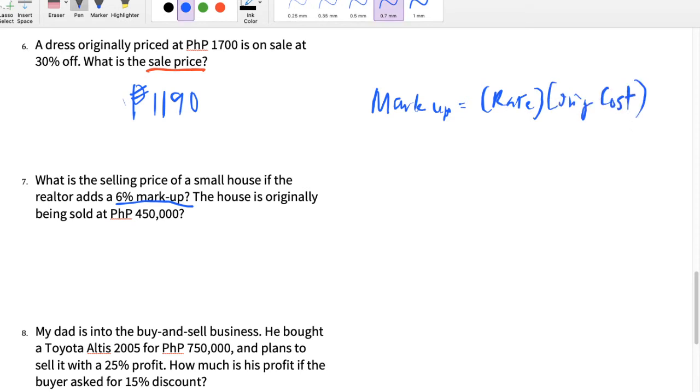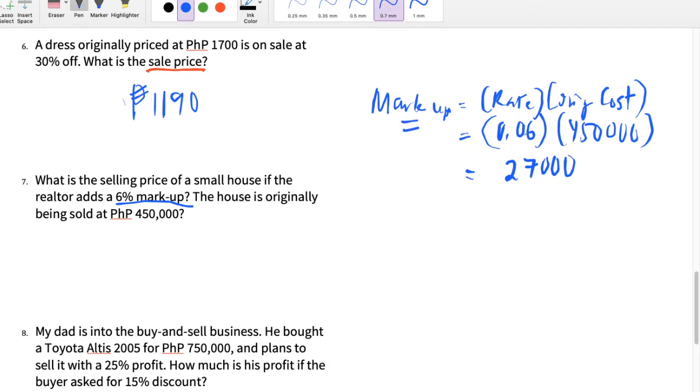Rate here is 0.06. 6% is equal to 0.06 times 450,000. If you multiply this, you should get 27,000. Okay, that's yung markup pala.